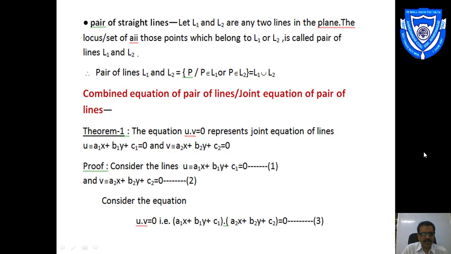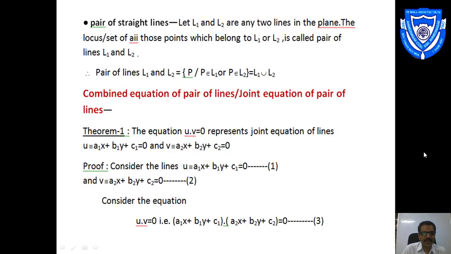So what does the theorem suggest to us? Whenever you take two straight lines, say u and v, in the plane, and from these two lines you form the pair of lines, that is L1 union L2, the mathematical equation of L1 union L2 can be obtained by u into v is equal to 0.